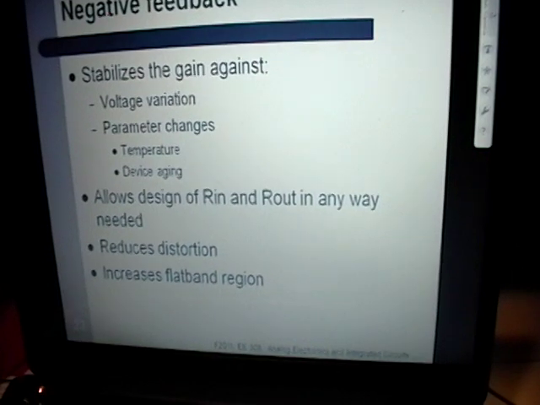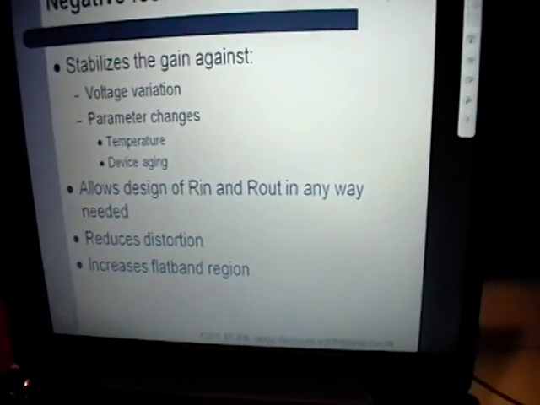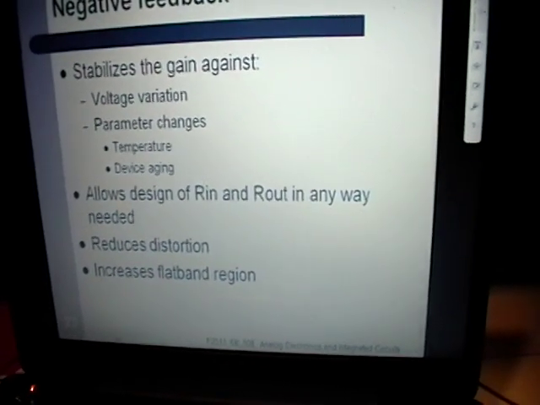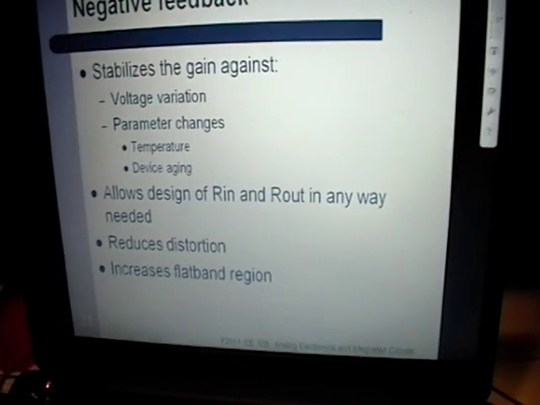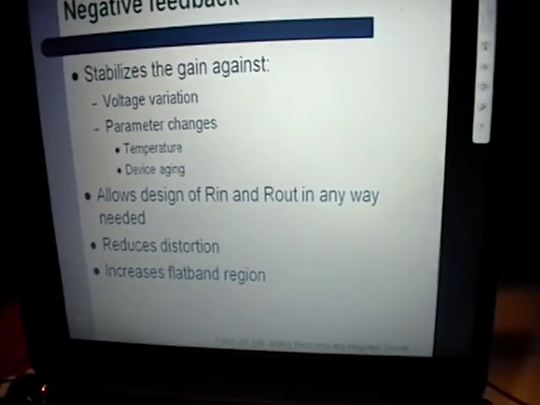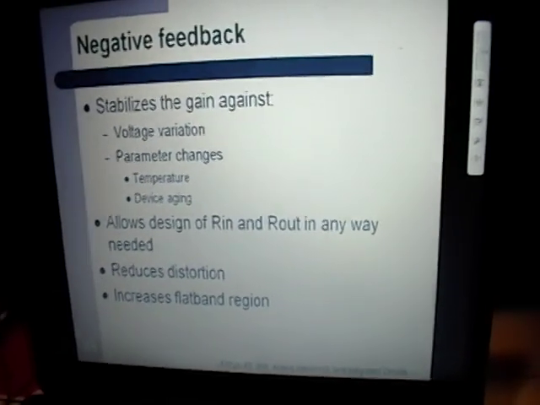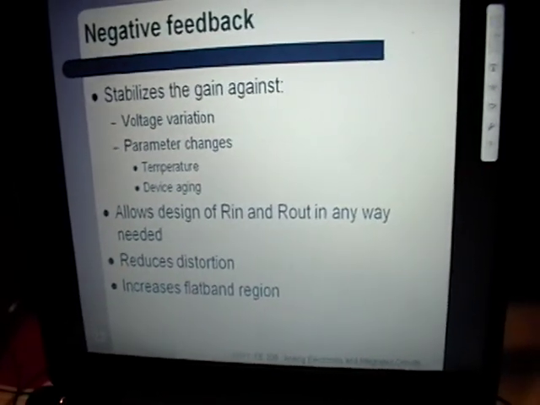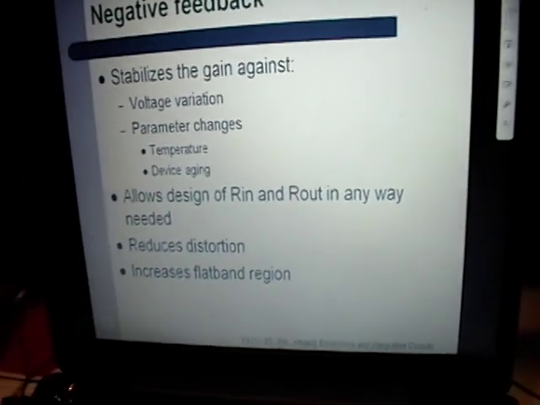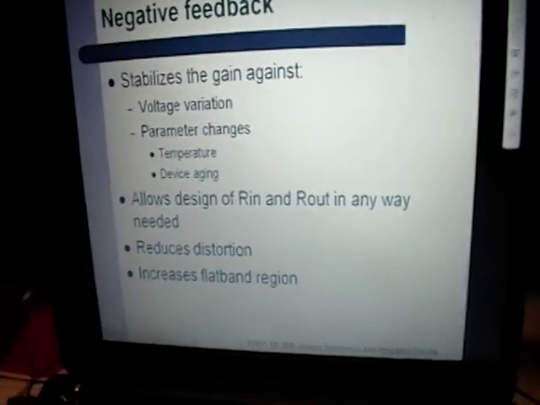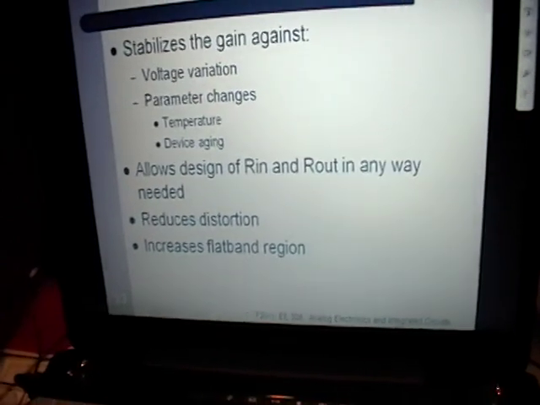So if you use feedback, R in is going to be multiplied by a factor of 1 plus T. That 1 plus T shows up again. If you have a current input, you like R in to be very small, if you want all of the current to go into your circuit. So you have a low R in if you have a current input circuit.